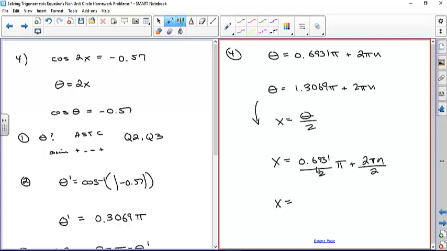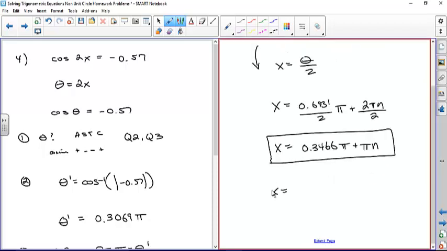And we'll just plug that in there. 0.6931 divided by 2 is 0.3466 pi plus pi n. So that's the first one. So let's put a little square around that.